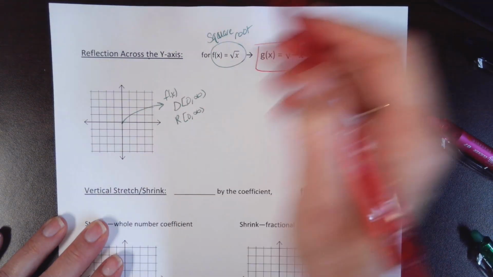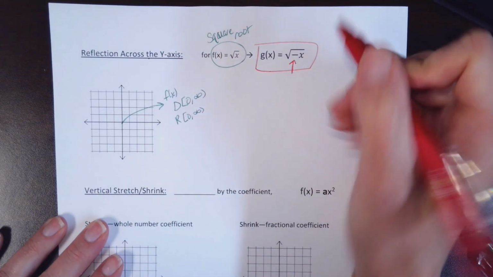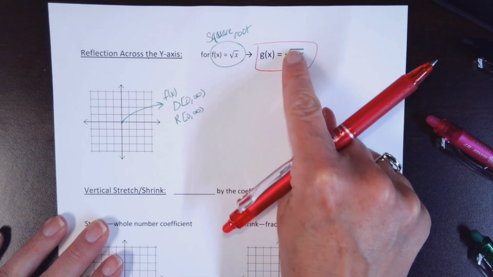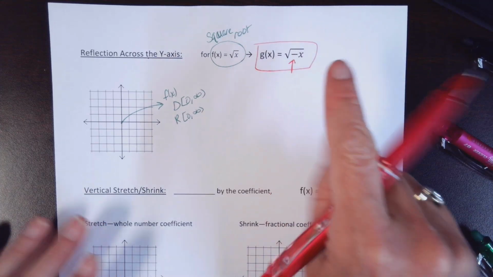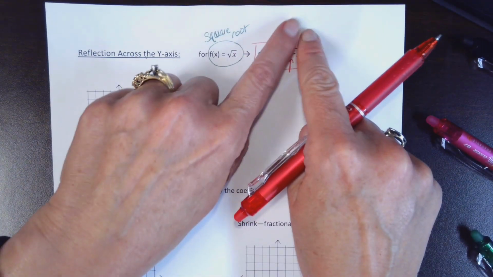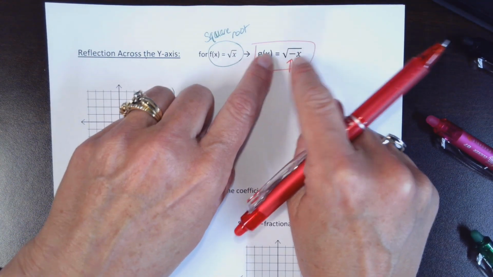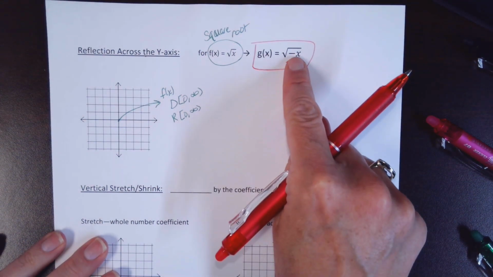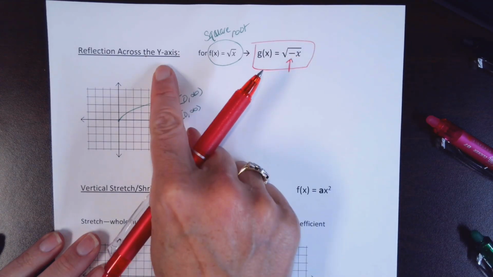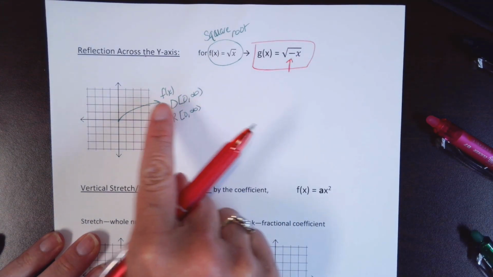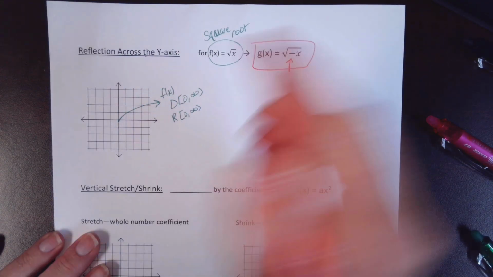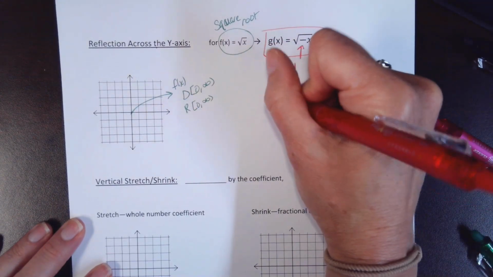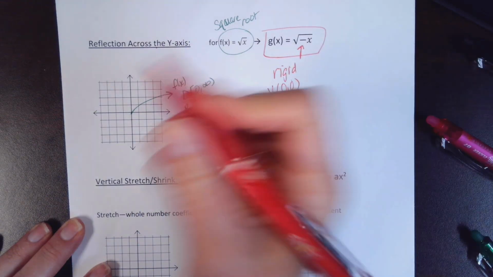To get it to reflect across the y-axis, I have a negative, but now that negative is attached to the x inside what the function type is. So it would be inside absolute value bars, inside being cubed, inside being squared. In this case, it's inside my square root. That negative inside attached to the x tells me I'm going to reflect it across the y-axis. This is still a rigid transformation. My vertex is going to stay at 0, 0.